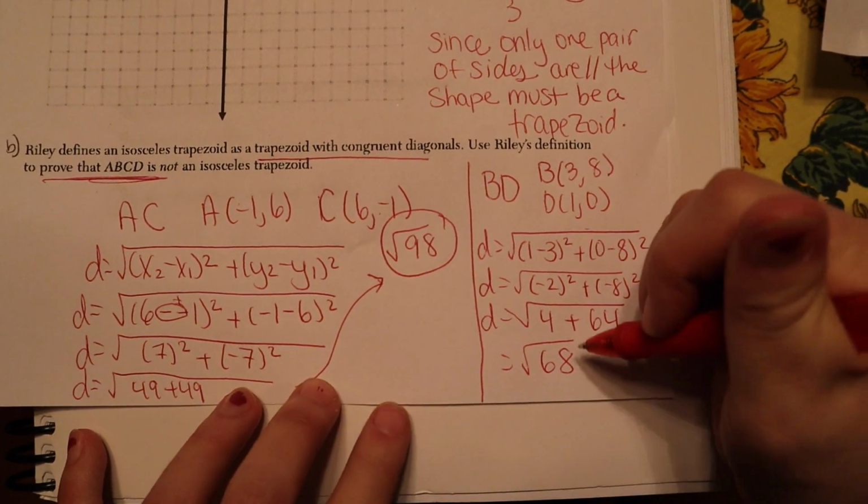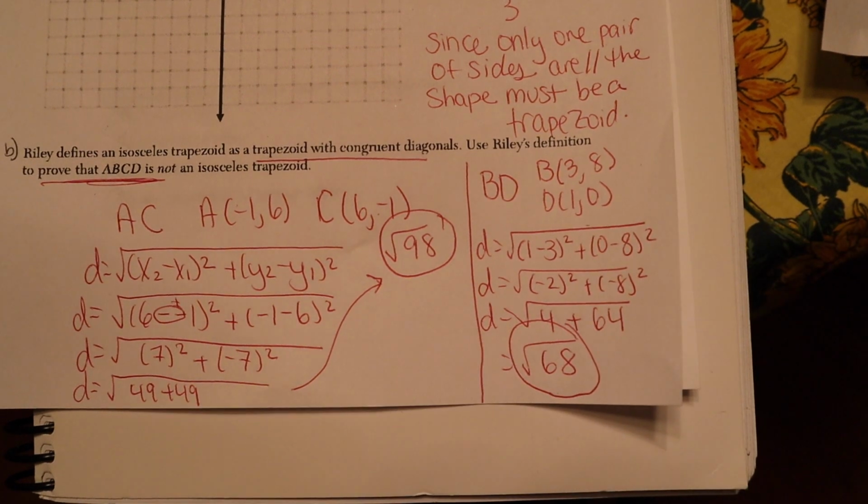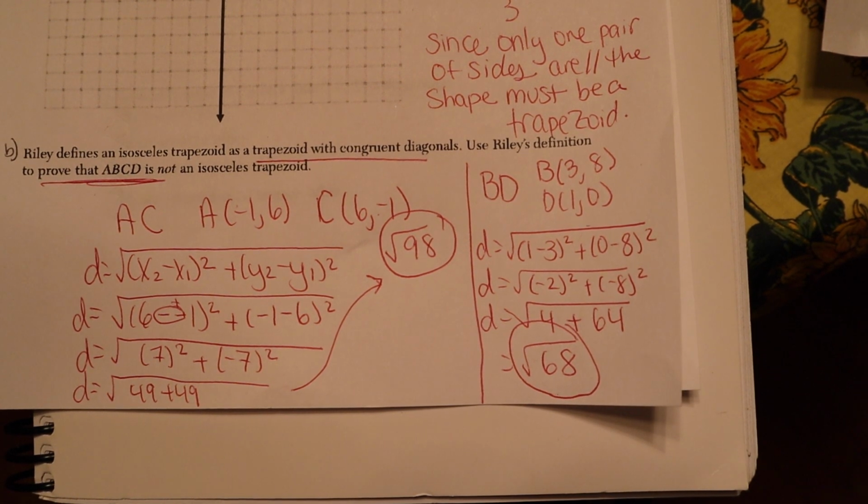These distances are different. These are lengths. Since they're not the same, that means that these diagonals are not congruent. And if the diagonals are not congruent, that means it's not an isosceles trapezoid.